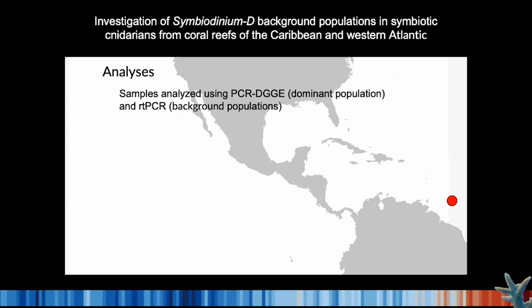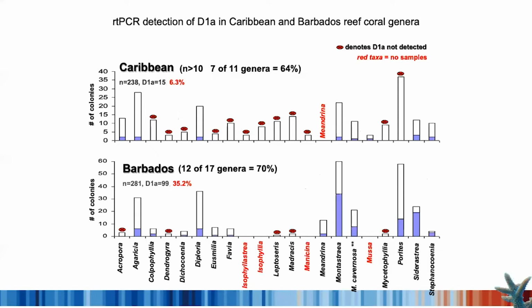I analyzed the samples with DGGE to determine the dominant, and then I looked at them with real-time PCR to see if there was any background of that thermally tolerant D1A in the Caribbean populations. And lo and behold, I found that D1A is present in a good portion of the coral genera in the Caribbean.